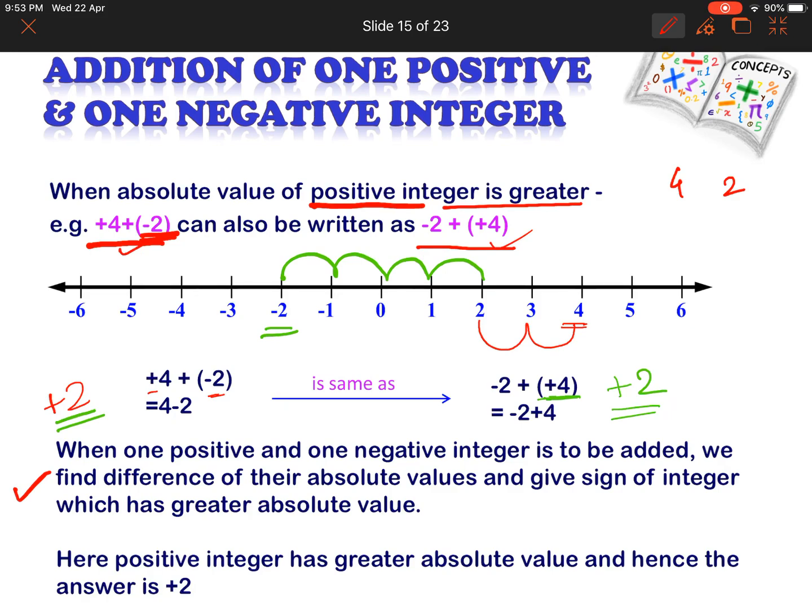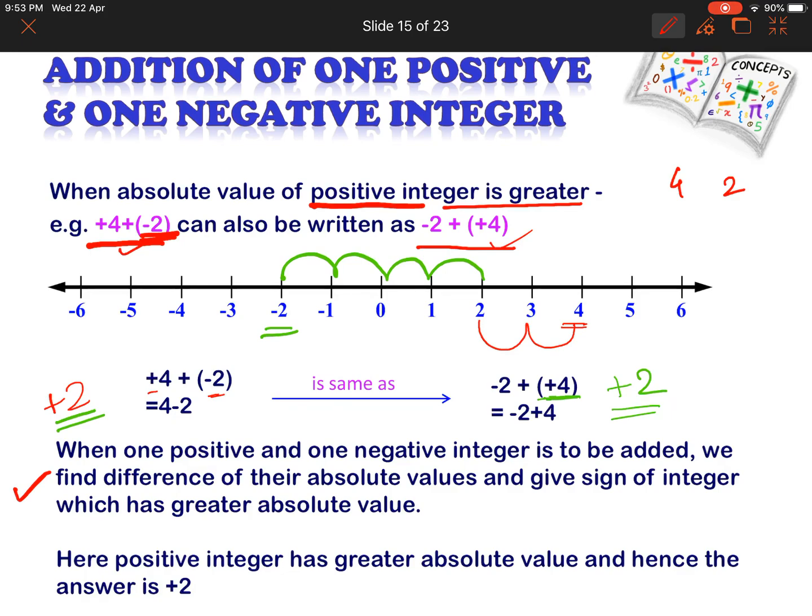Earlier we have done addition of 2 positive integers, addition of 2 negative integers. In both cases, we have been adding the absolute values. Now here, in case of 1 positive and 1 negative integer, we are actually taking the difference of absolute values.